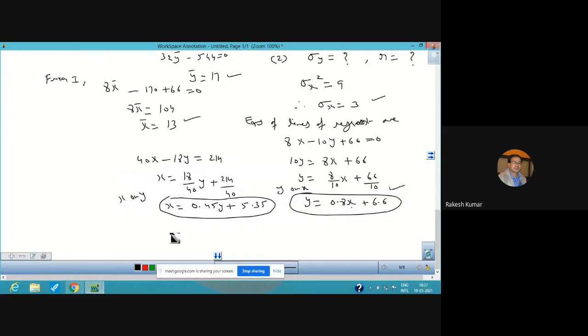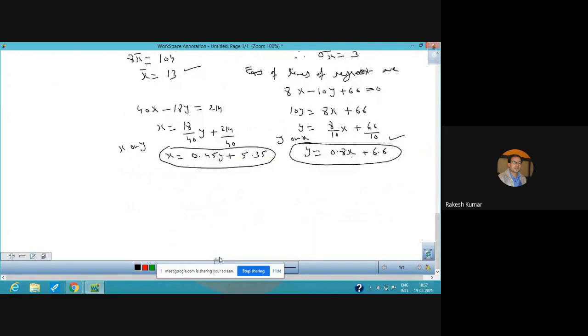Now we have both equations, and from these we can find the regression coefficients byx and bxy. The regression coefficient byx is r sigma y over sigma x, and that will always be the coefficient of x in the equation y on x. So the coefficient of x is 0.8, and bxy is r sigma x over sigma y, that is 0.45, the coefficient of y.